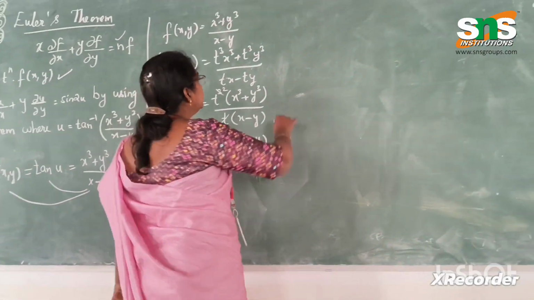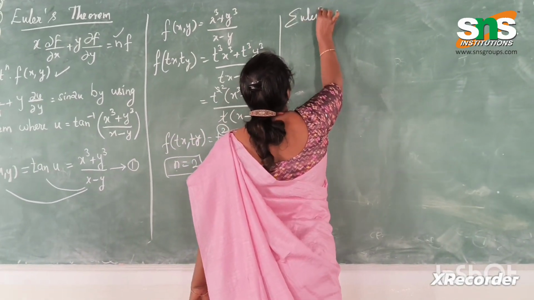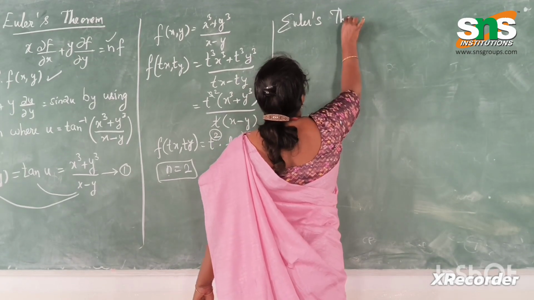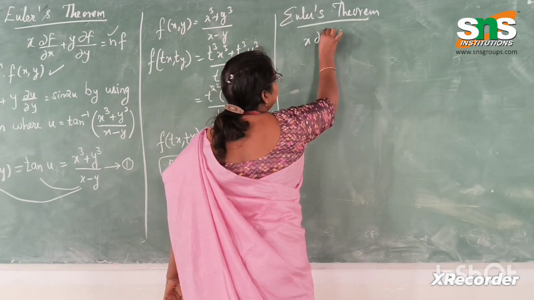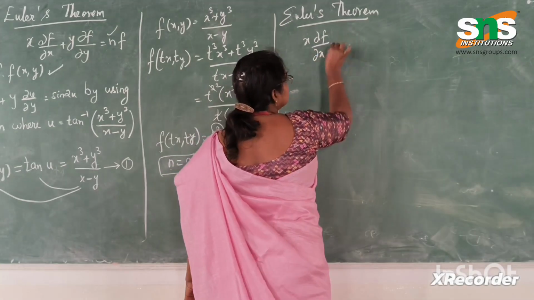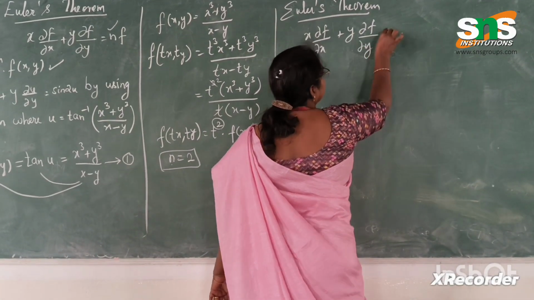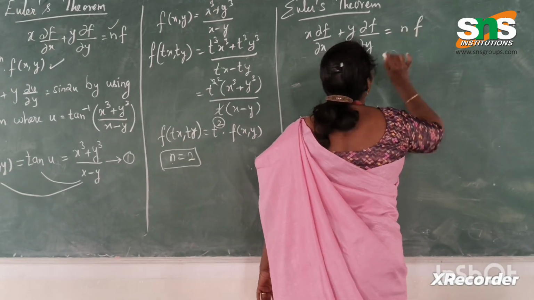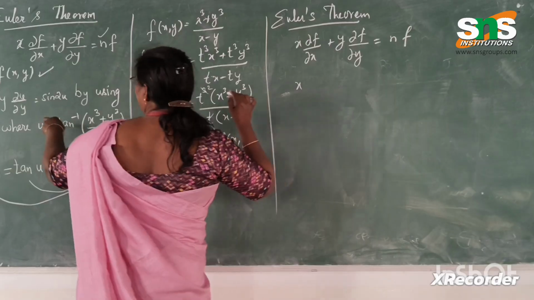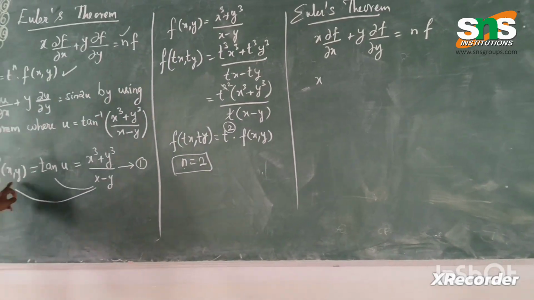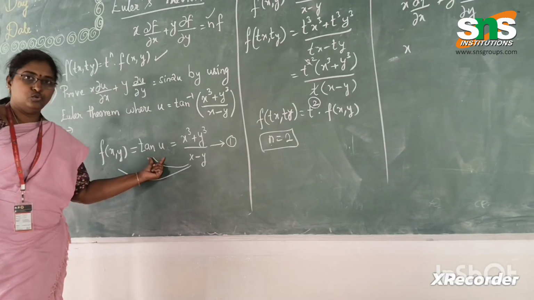So what is Euler's theorem? x into ∂f/∂x plus y into ∂f/∂y equals n into f. Instead of f, we can replace this function as tan u.